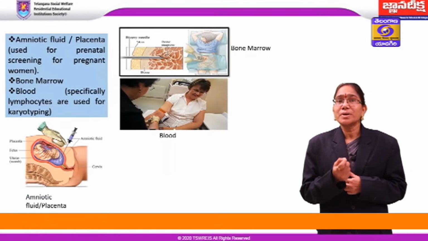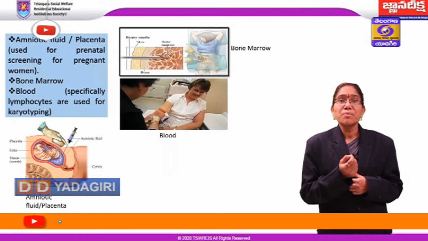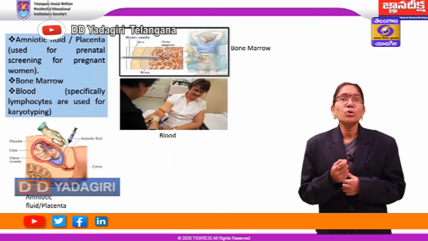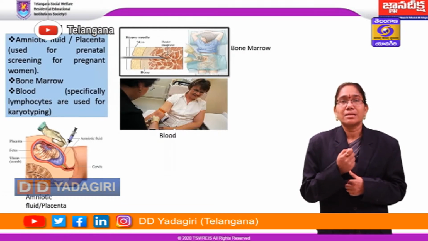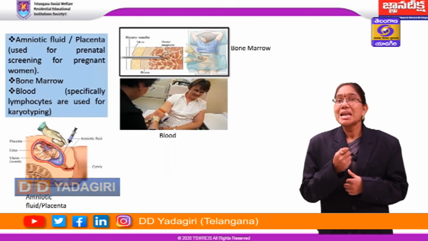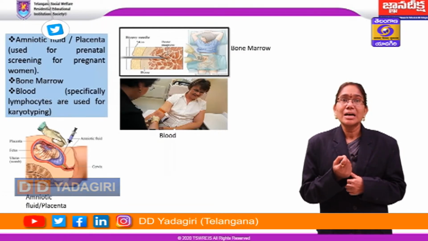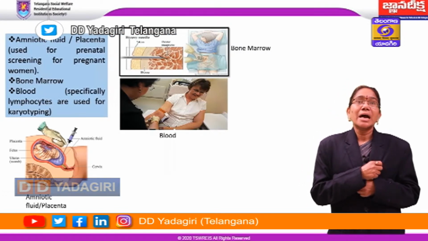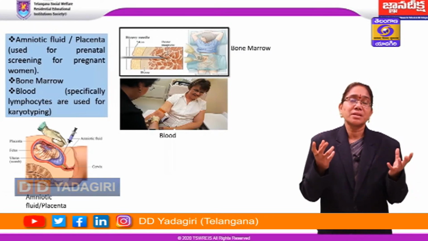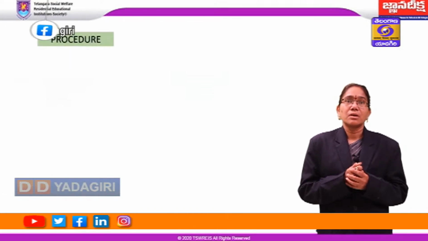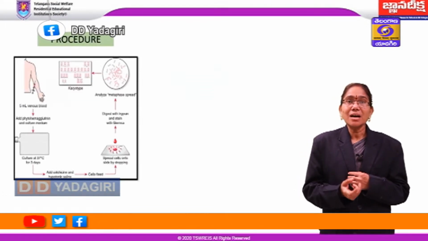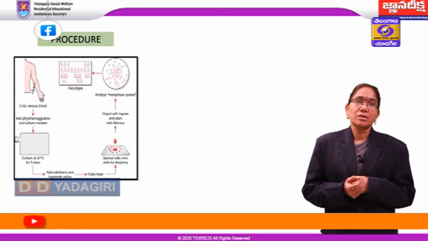Usually these are used for prenatal screening for pregnant women. Bone marrow and blood. Specifically, lymphocytes are used for karyotyping. Here is the pictorial representation of the procedure. Now we will see the flowchart for the procedure.